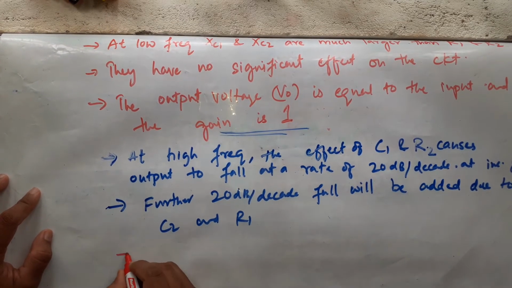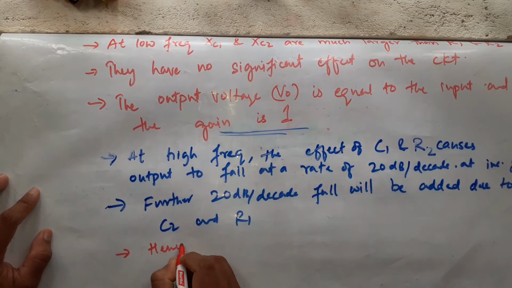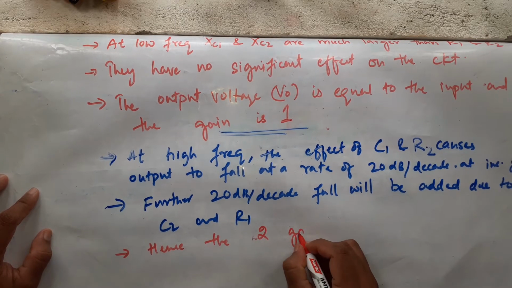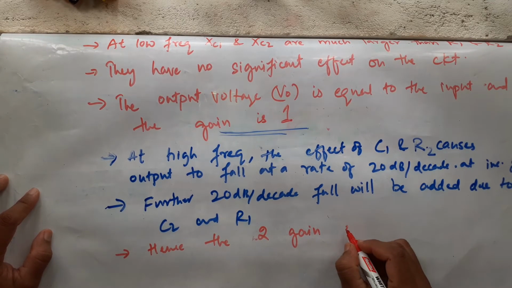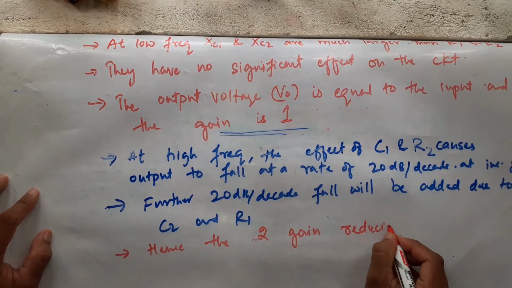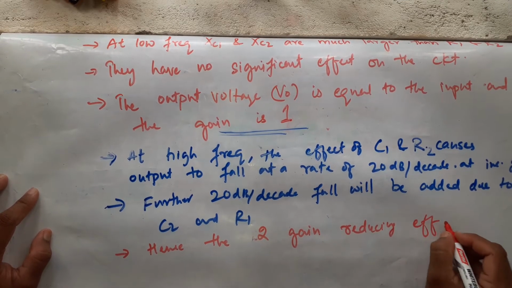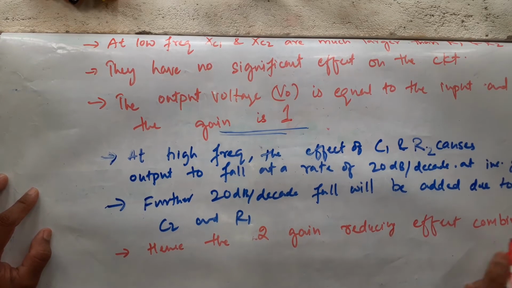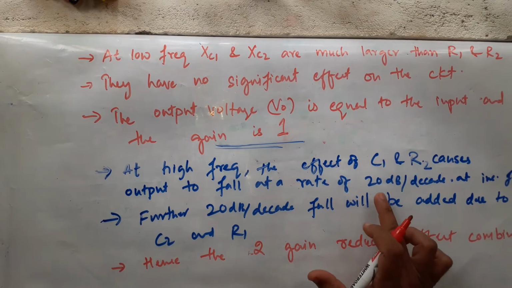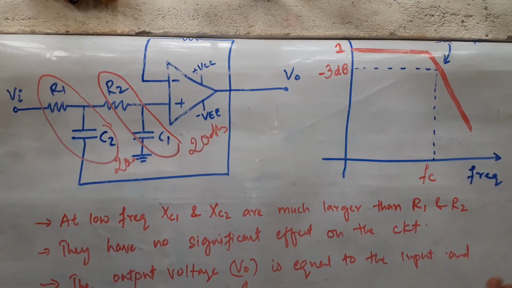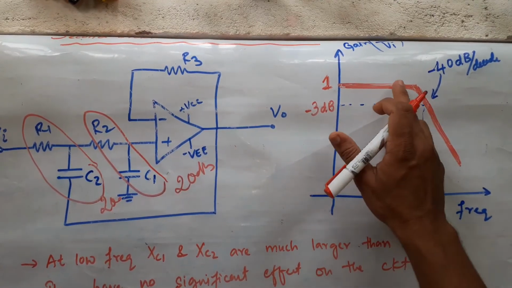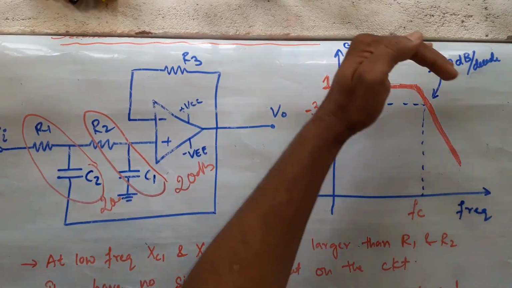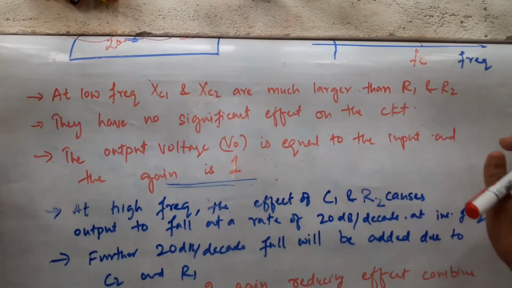So the two gain reducing effects combine. A fall of gain with a rate of 20 dB is a gain reducing effect, isn't it? Your gain starts reducing, falling down, so it is also called the gain reducing effect.